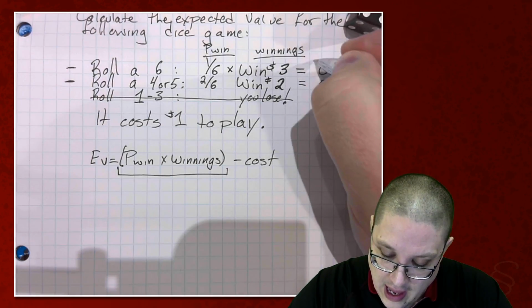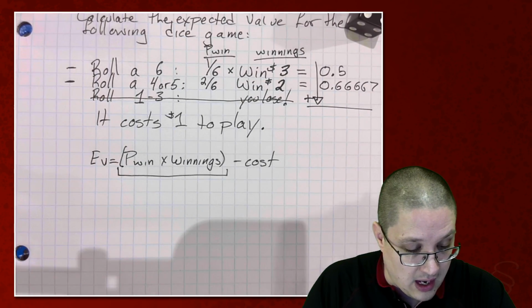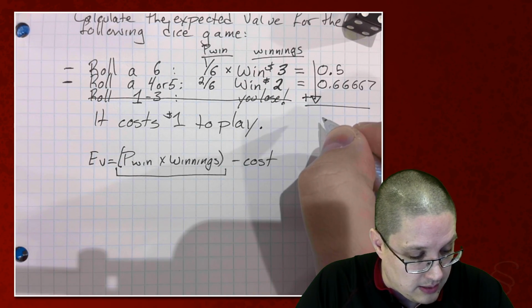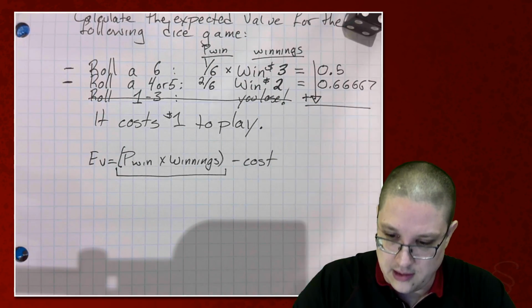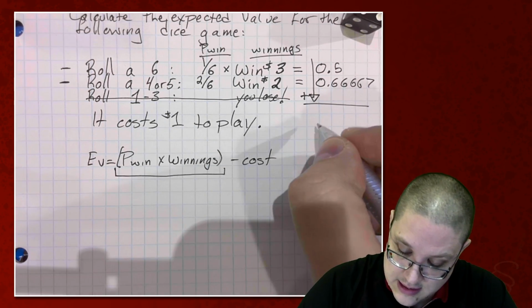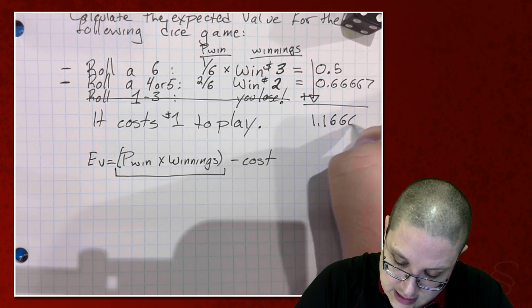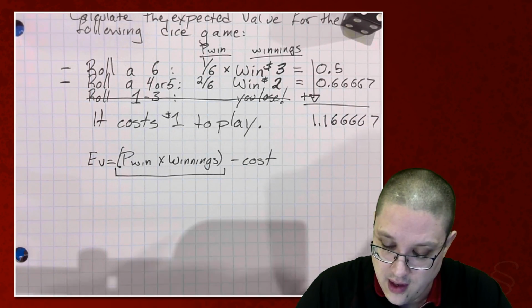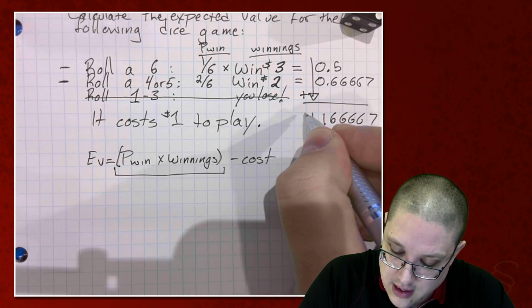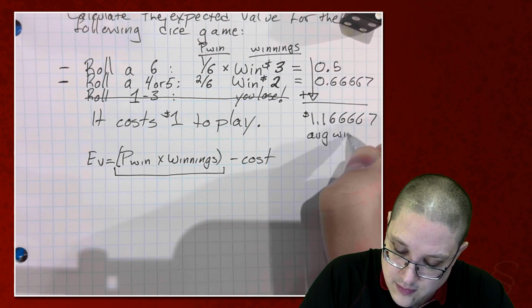I can now add these together, and that works out to 1.16667. There we go. So this here is my average winnings.